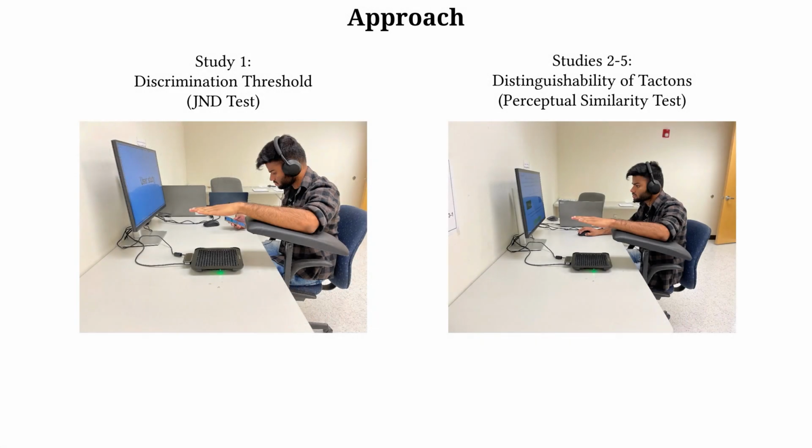We designed and ran 5 studies with 72 participants to evaluate the efficacy of temporal parameters for ultrasound tactons. We placed the mid-air ultrasound device on a table in front of the participants and collected their responses with a graphical user interface.